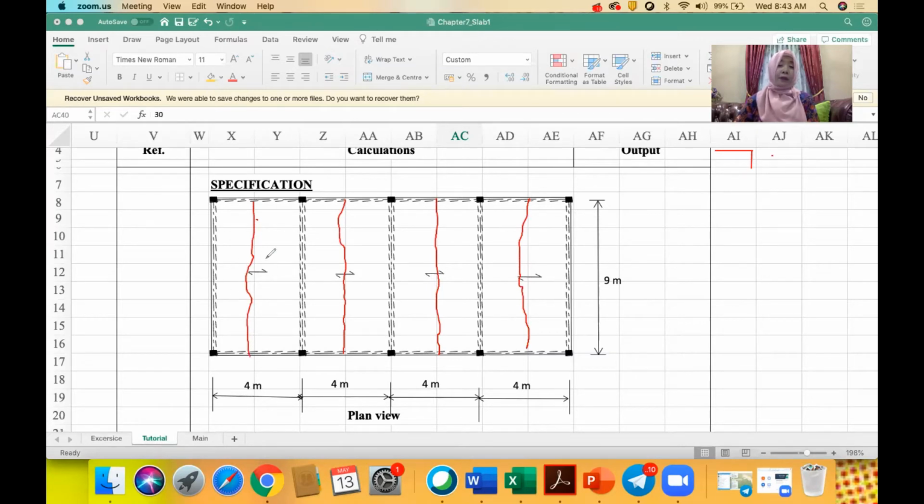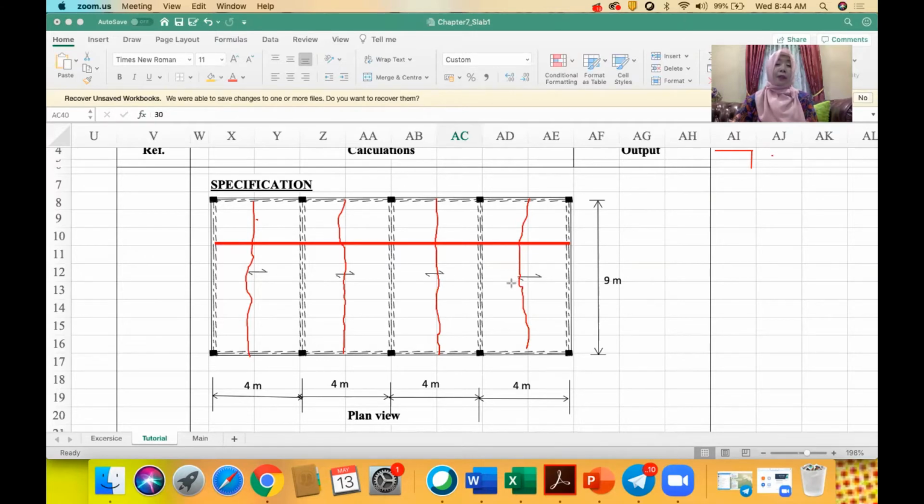Therefore, to avoid this crack pattern, you need steel in this direction to avoid the crack, bottom and top and bottom. That is the philosophy behind how to get the slab configuration.